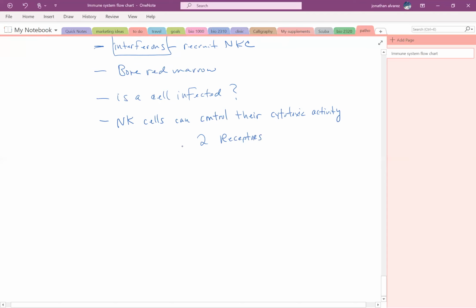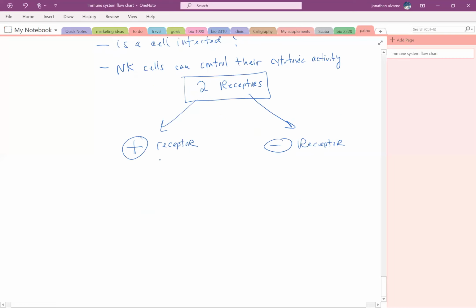Okay, so in other words, these natural killer cells have two receptors. All right, one receptor is an activating receptor, and the other receptor is an inhibitory receptor. Okay, so if activated, it will kill the antigen.